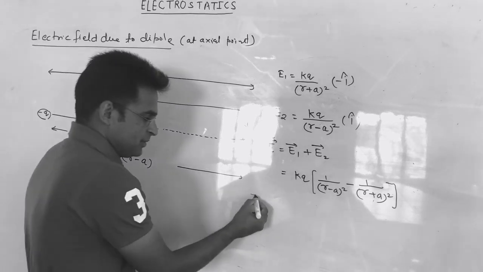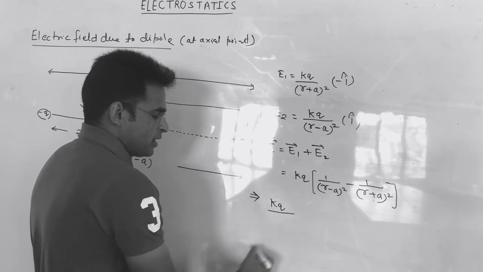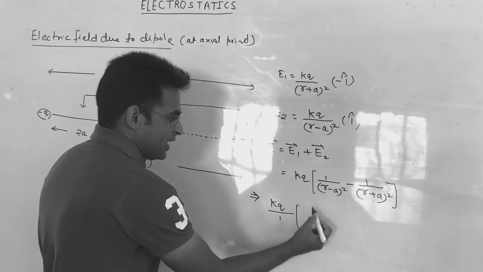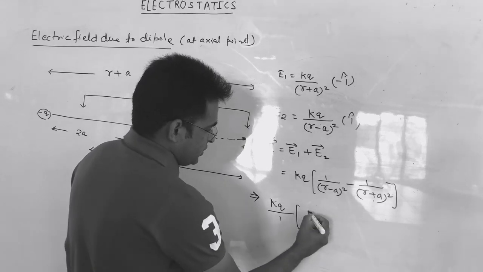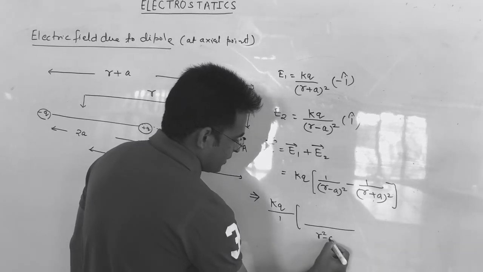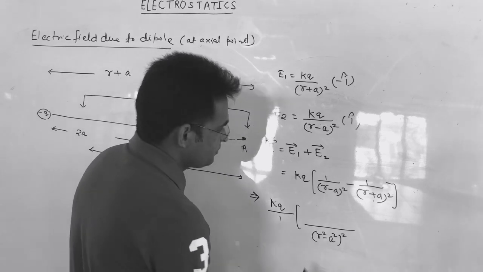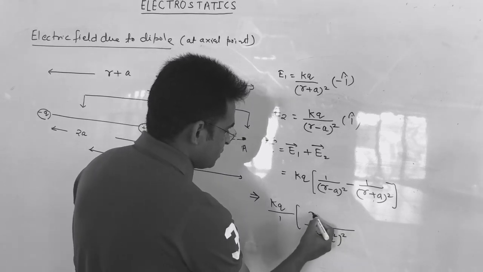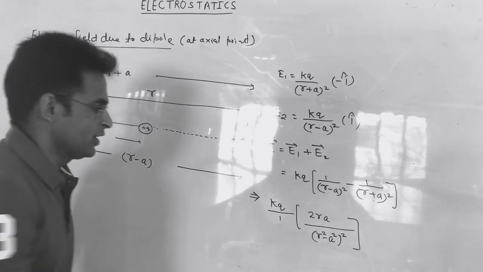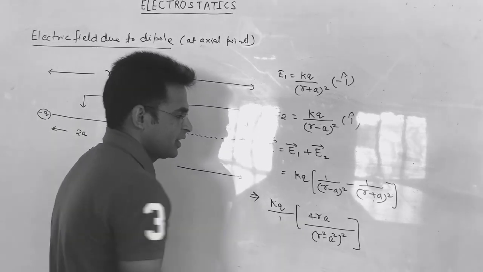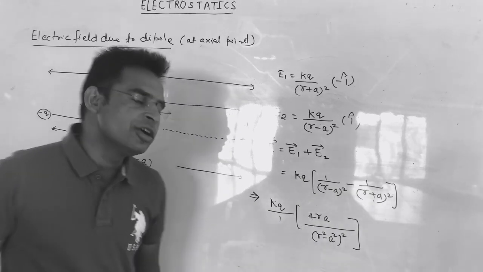Simplifying, this becomes KQ times the numerator (R plus A) square minus (R minus A) square, divided by (R square minus A square) square. Expanding and solving, the numerator gives 4RA.